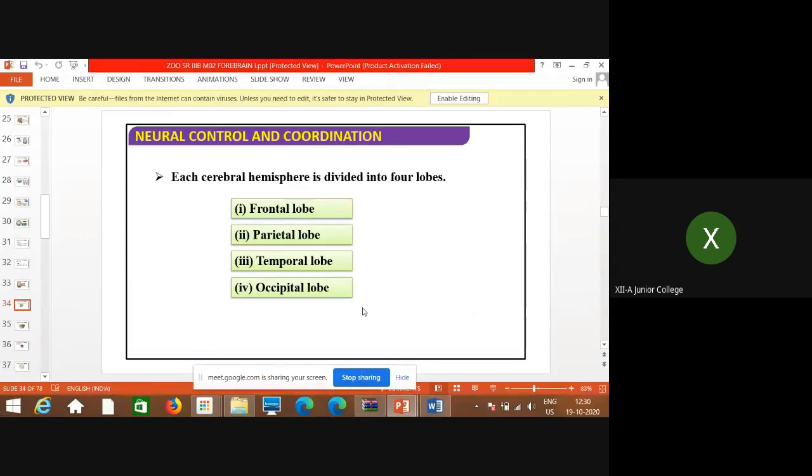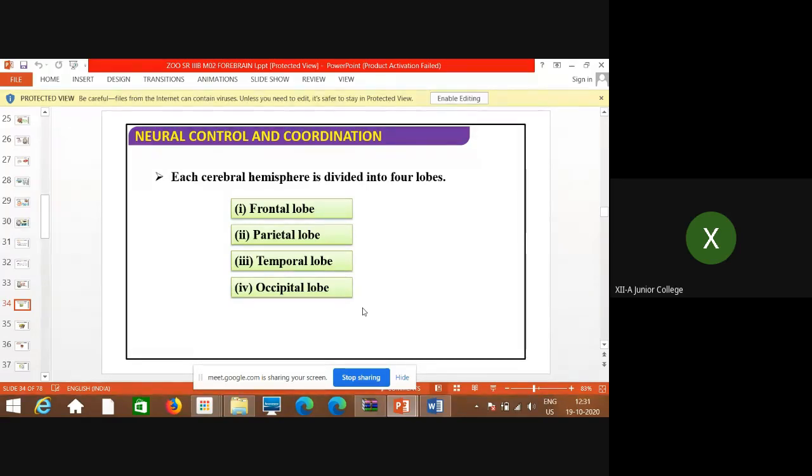And there are different lobes present in the cerebral hemisphere that we will be discussing, and then how all these functions are associated with each particular lobe, that also we will discuss.